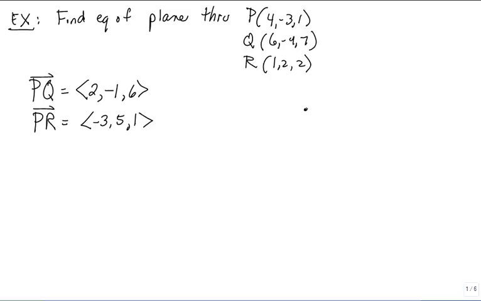A plane is determined by 3 points. So PQ and PR are going to be in the same plane, so their vector representations are going to be parallel to the plane.